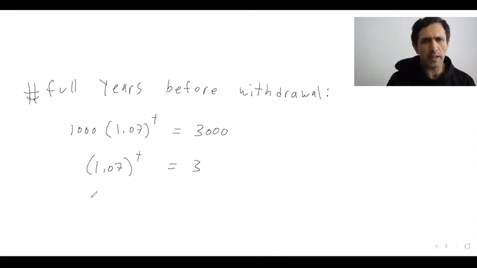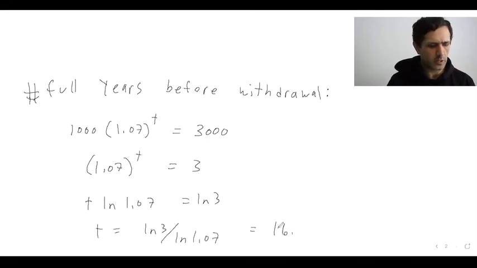Okay, so now just take ln of both sides, drop the t. t is going to be ln of 3 over ln of 1.07. That's going to be 16.24.